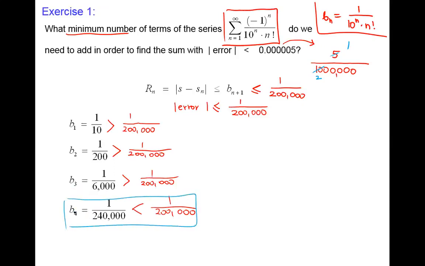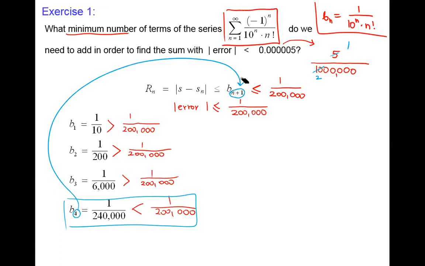But now I have to be really careful, because 4 is this quantity. If I have to recover n, it will be one number less, because b sub 4 was the first term that was not included in the sum.